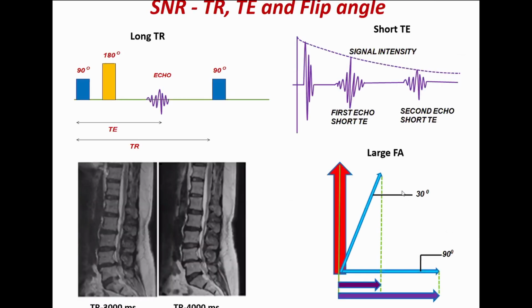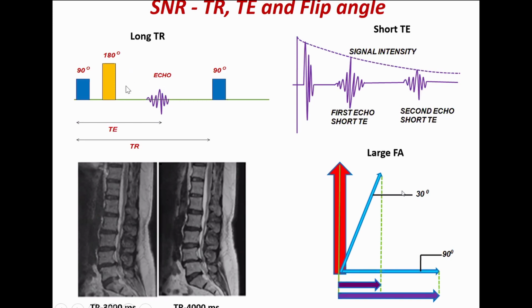We'll see the first 3 parameters: the TR, TE, and the flip angle. Now in this first image, the longer the TR, the more SNR, because TR controls the amount of longitudinal magnetization that recovers.